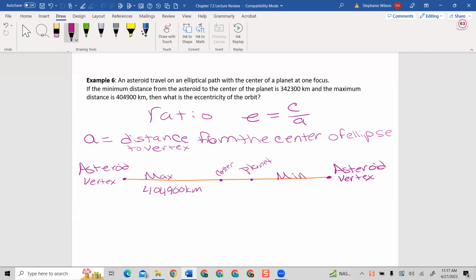Okay. Now C is going to be the distance from the center to a focus.